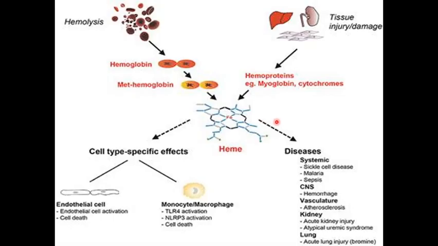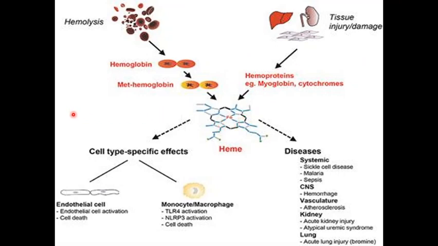Now, suppose that hemopexin is not present, right? Hemopexin is not present. So nothing is there. Hemolysis से आप देखो कितना सारा hemoglobin निकल रहा है. It is converted into methemoglobin and metheme is formed. In a similar way, जितने भी heme protein हैं, with tissue injury and damage, all the heme proteins are released and they also form the heme.